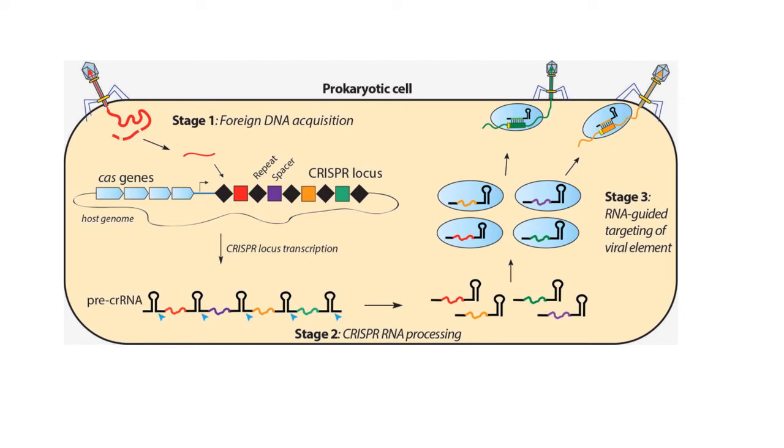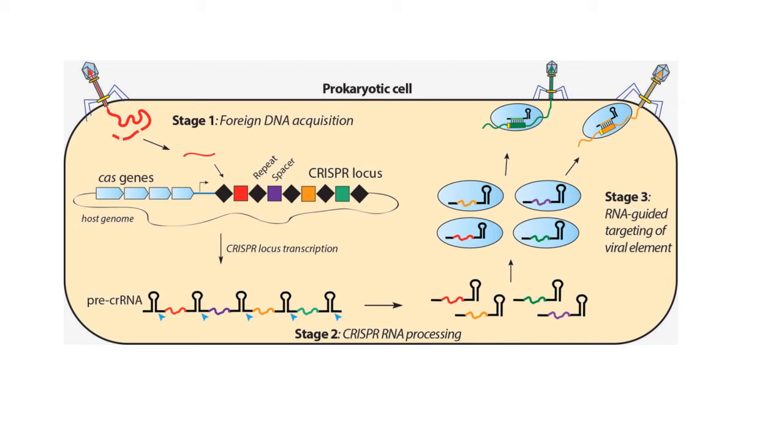So the CRISPR locus itself consists of repeats of an RNA encoding portion, which is common to all the CRISPR pieces that we will eventually get, punctuated by spacers, which represent the DNA that we'll be able to identify and cleave and protect ourselves from.